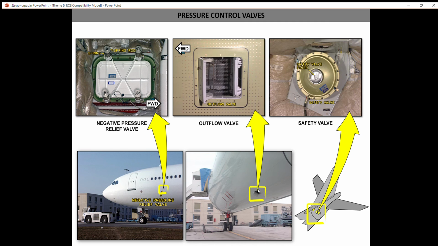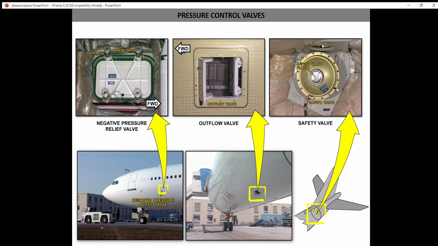Here on the fuselage you may see a negative pressure relief valve. You see the spring rods, 4 spring rods. So it's the simplest type of protective means. When the pressure outside is higher than inside, the pressure difference will act on this plate, push it and compress the springs.